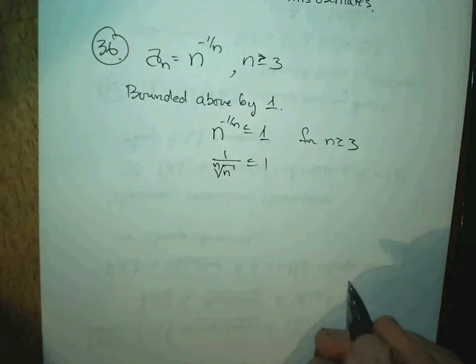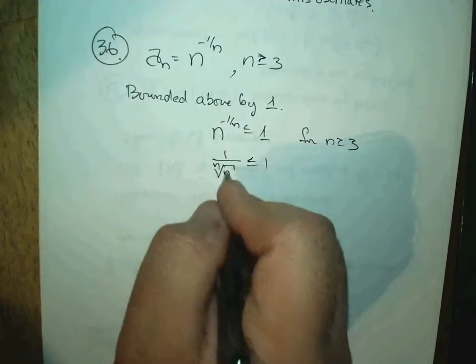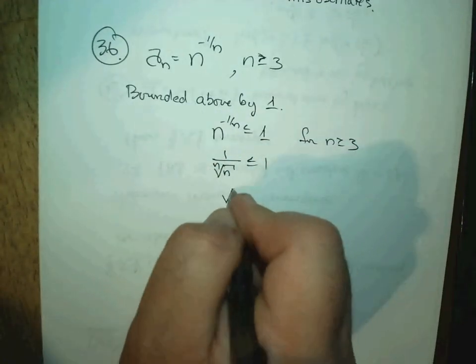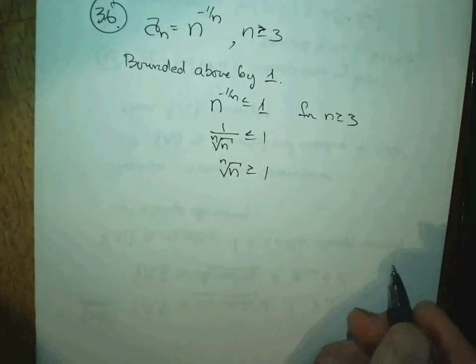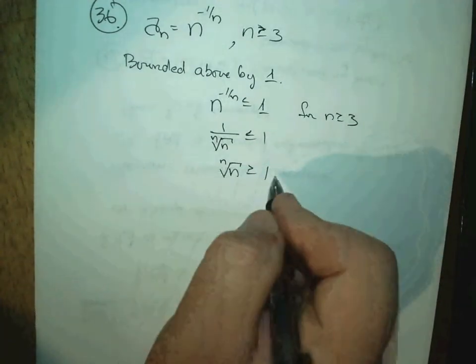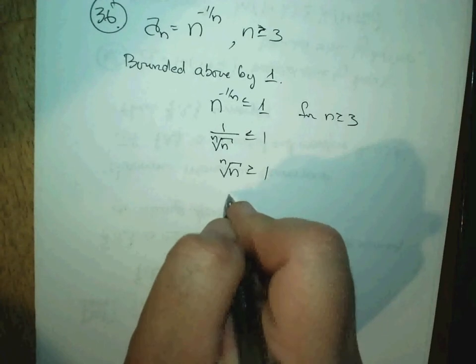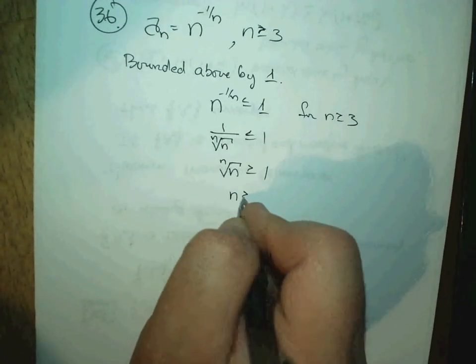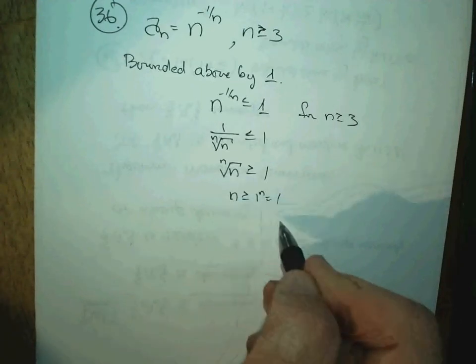Now this here is simply another way of saying 1 over the nth root of n. Now if I want to prove that 1 over the nth root of n is less than or equal to 1, isn't that the same as if I flip this, proving that the nth root of n is bigger than or equal to 1? So how would I do that? Well, take both sides to the nth power.